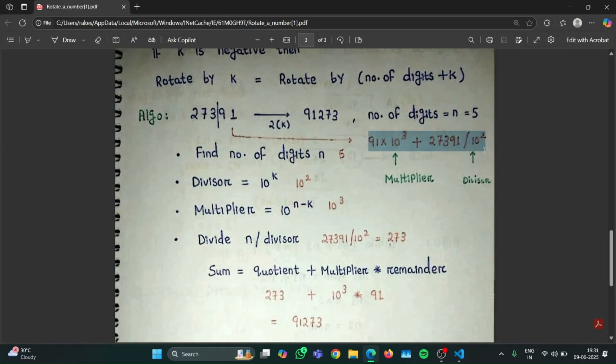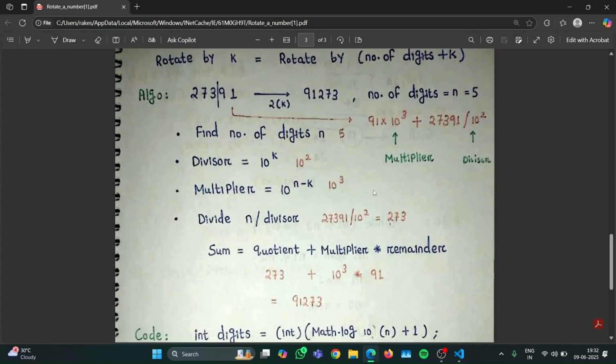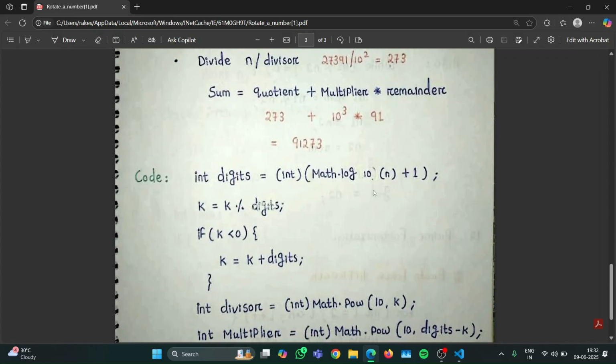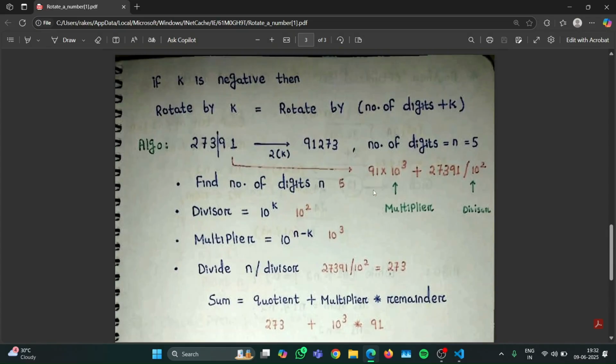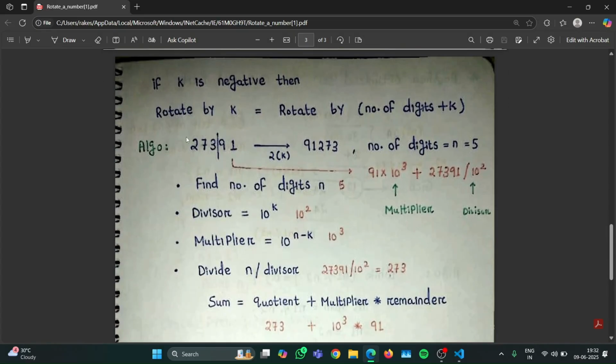Check this out. You will understand the problem much better. So we have to rotate the number by 2. That means we have to extract two digits from the back and put them in the front. The two digits in the back, we can easily get by applying some logic of getting the digits from the back that we are already aware of. We will see that in the code. But how can we achieve that front three digits that we have to send to the back?